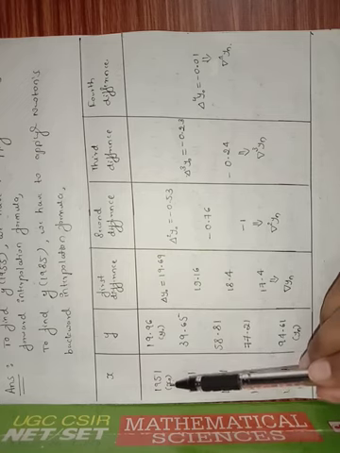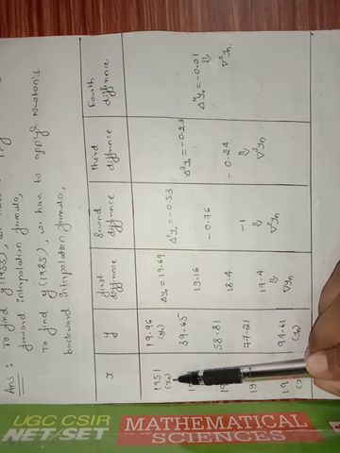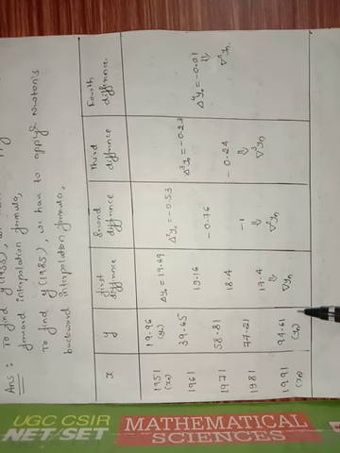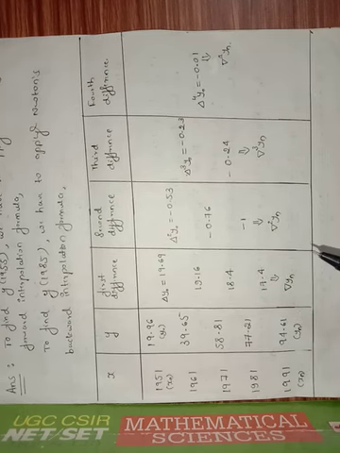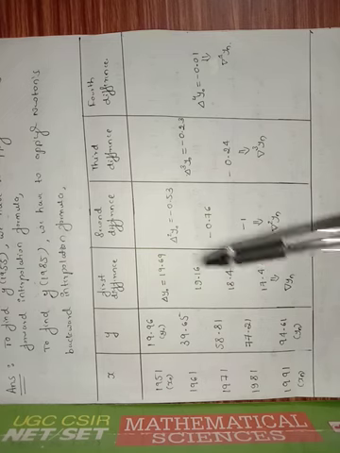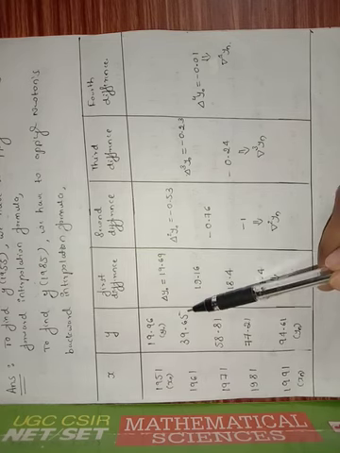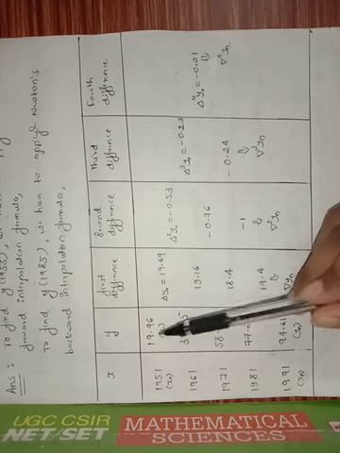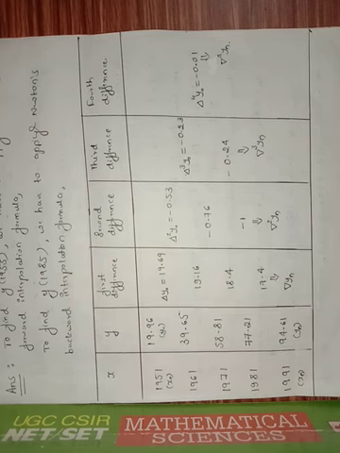These two values are for the Newton forward interpolation formula, and the last entries are for Newton's backward interpolation formula. First difference: 39.65 minus 19.96 gives 19.69.